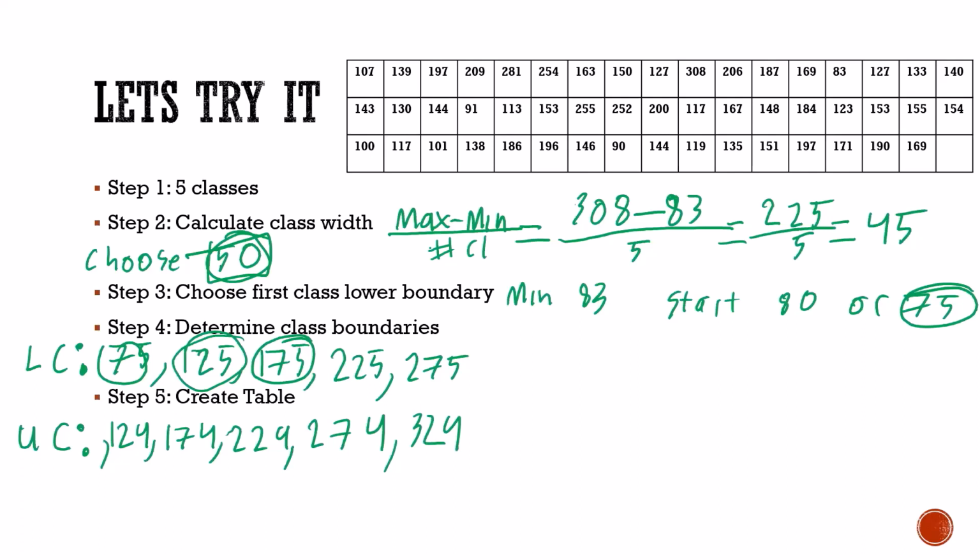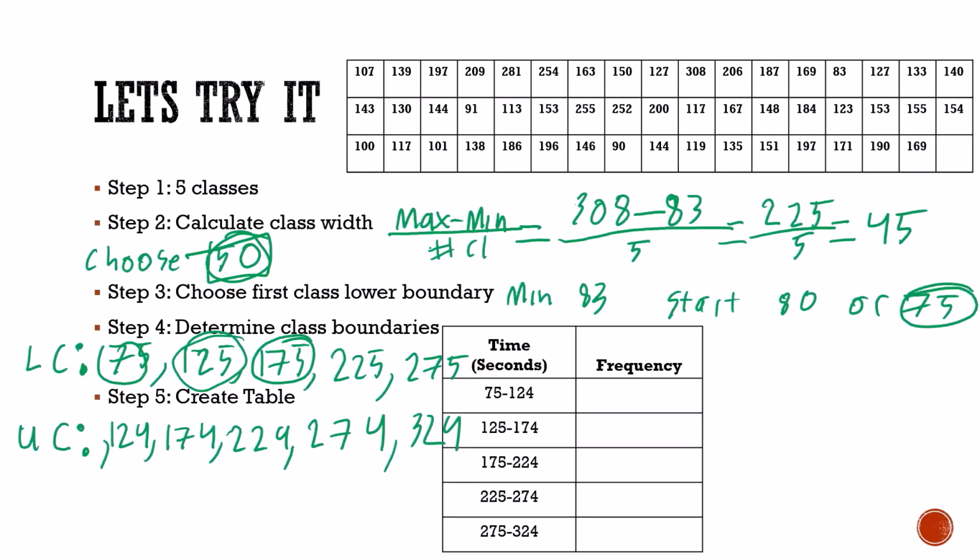Okay, now when you have that, this is the easy part, although it is quite tedious. So all we did right now is create the categories. Then you actually have to place the numbers in the categories, which is pretty simple, although it can be tedious. 107, that goes in the first category. 139, second.